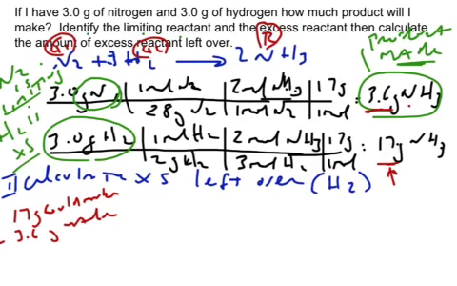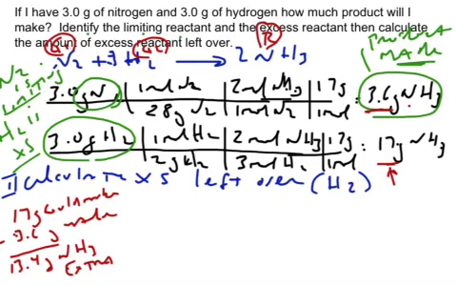When I do that, it tells me how much I could have made if I had all the stuff that I needed. So I could have made an extra 13.4 grams of NH3, if I would have had enough stuff to make it.